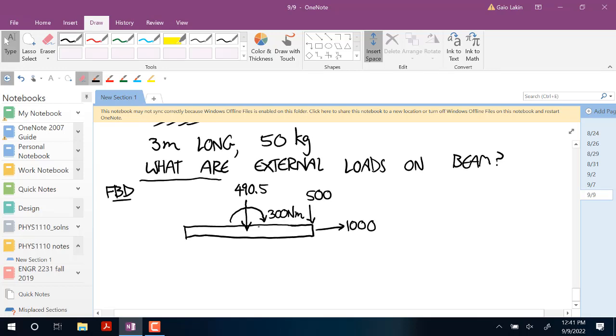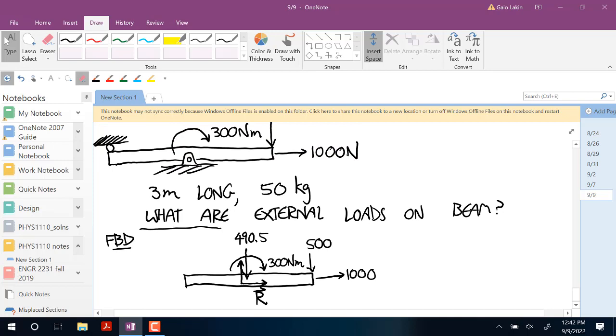Okay, so now we have the weight force and we have those three known forces. Now we have the pin joint. And I'm just going to call that R vector, since we're never going to draw a free body diagram of the ground. There's no need to use the double subscript notation.